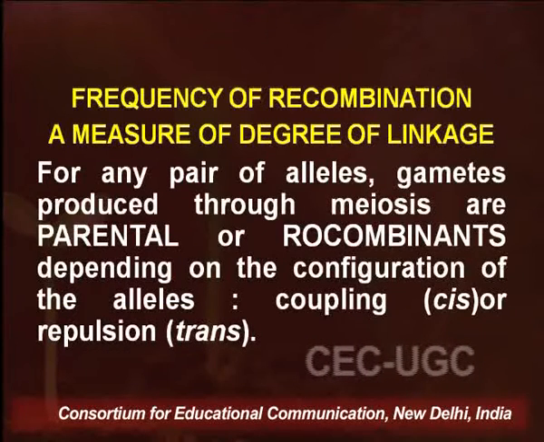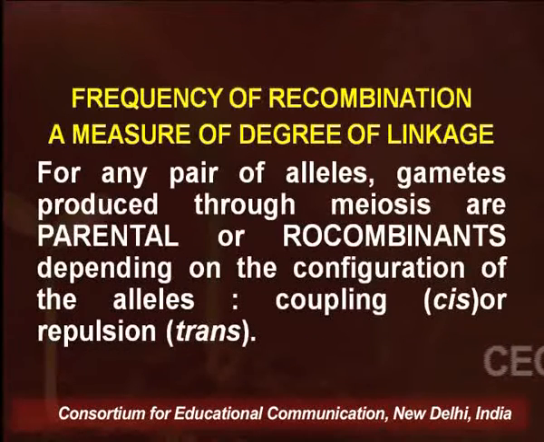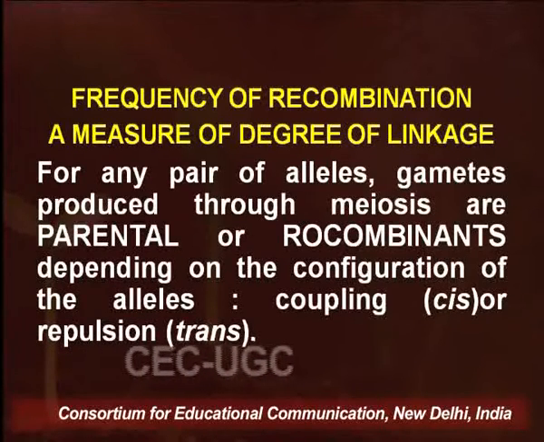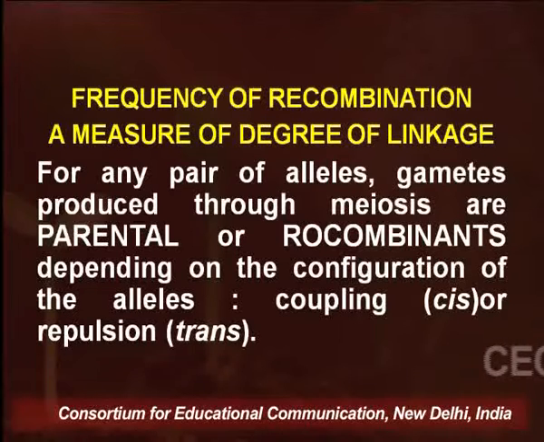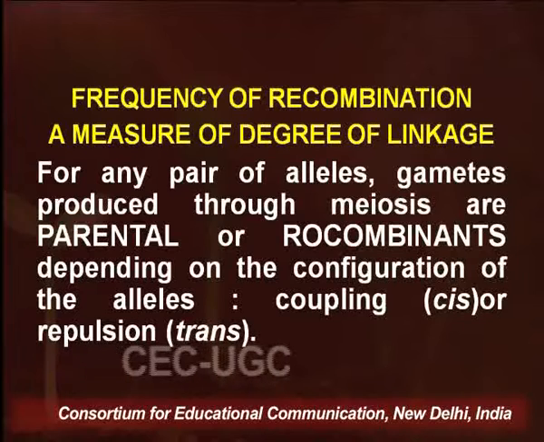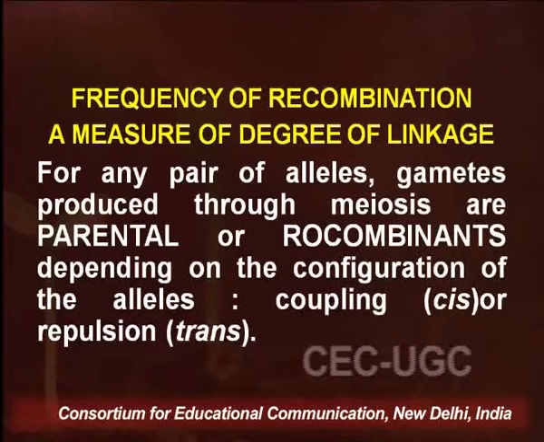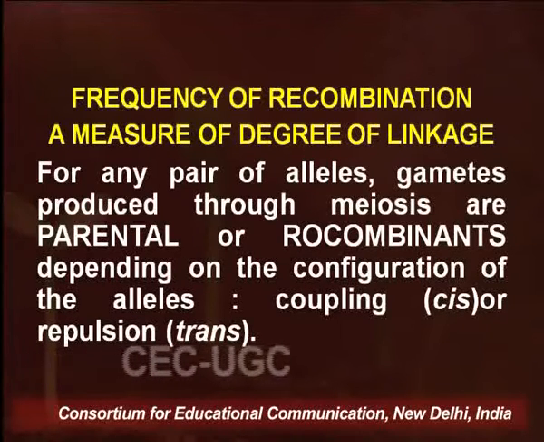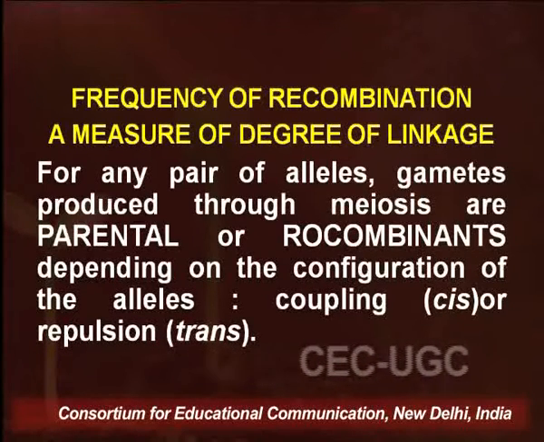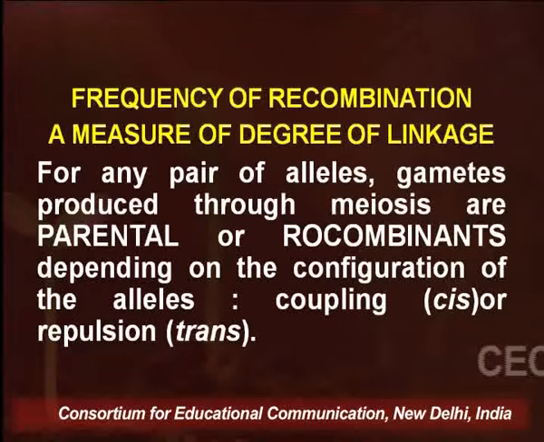Let us then see how the frequency of recombination can be used as a very effective measure for finding out the degree of linkage. One thing is very clear: for any pair of alleles, and the gametes which are going to be produced through the process of meiosis, there can be two situations: parental combinations and the recombinants. Now they are definitely going to be based on whether it is a case of coupling, that is cis, or repulsion, that is trans.